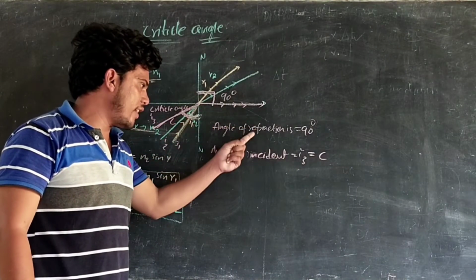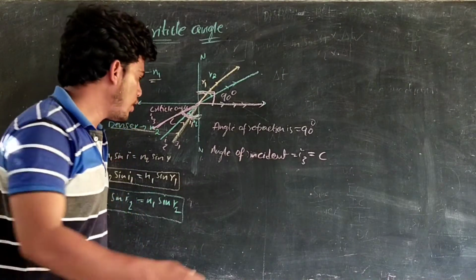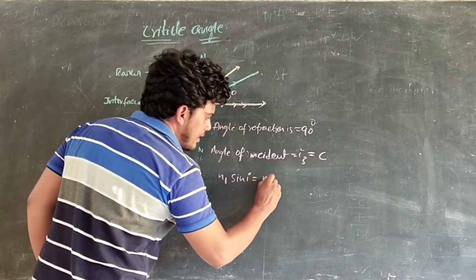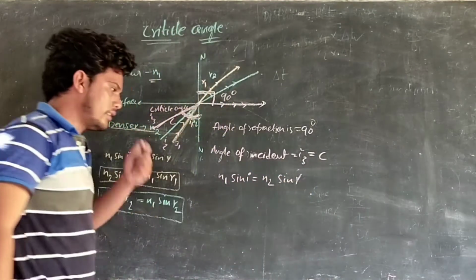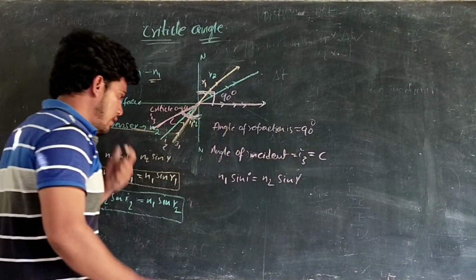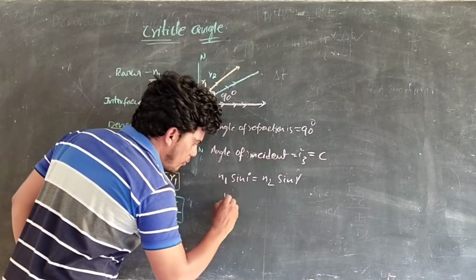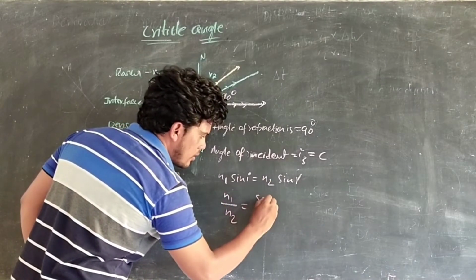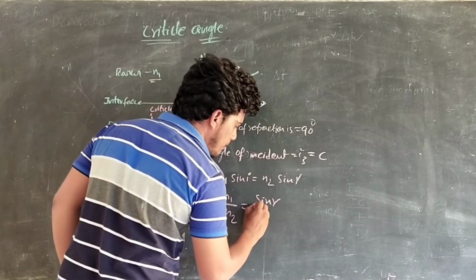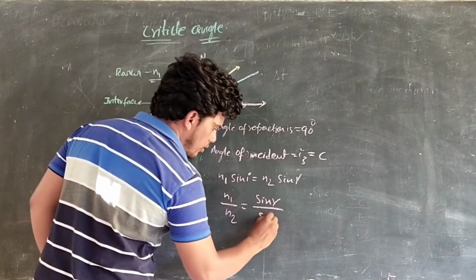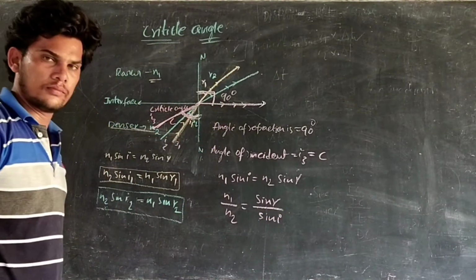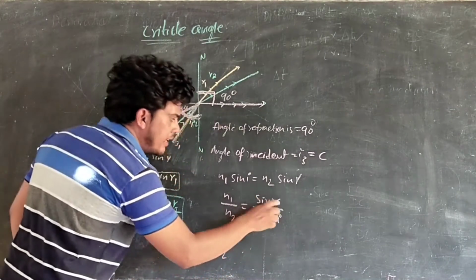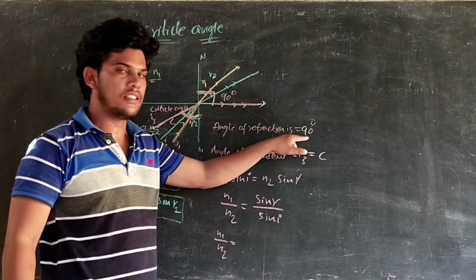Now I am substituting these values in Snell's law. We know already what is Snell's law? N1 sin I equal to N2 sin R. This is Snell's law. So if I take this N1, I bring N2 to here, and sin R by sin I. We know already N1 by N2 equal to sin R by sin I. Angle of refraction R is 90 degree.